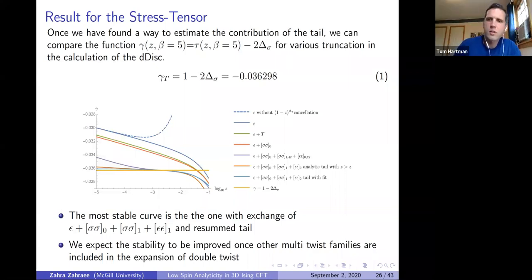Can I ask a question here? Yeah. So this is basically you have a curve and you're trying to analytically continue that curve to the left onto, in this case, the stress tensor. And this is a fancy way of doing that by modeling the tail and then using the inversion formula. How does the result compare to just taking all the points on the Regge curve and fitting a polynomial or something and then just analytically continuing?